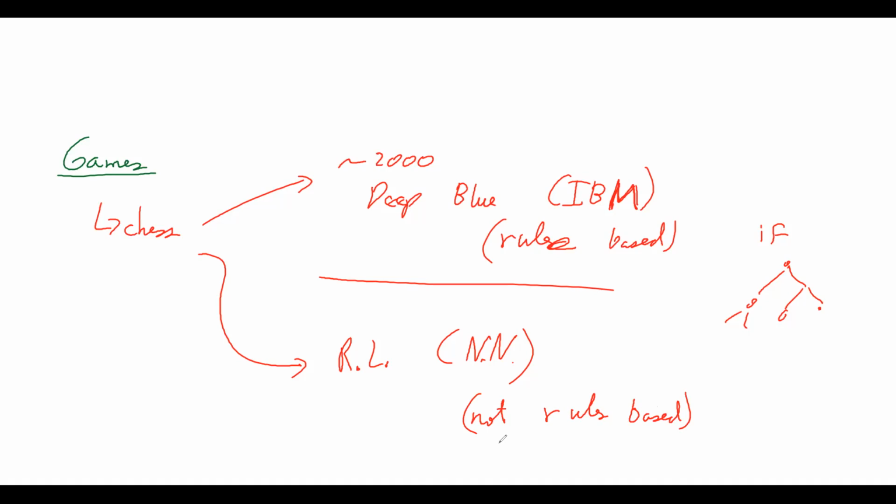Think about how many masters of chess IBM had to hire to work with software developers to develop all these rules and searches. Whereas somebody that knows reinforcement learning and maybe has a little bit of knowledge of chess, maybe they can play but they're not a master, could still create an algorithm that can learn on its own, that can play against itself, that can play against another RL.